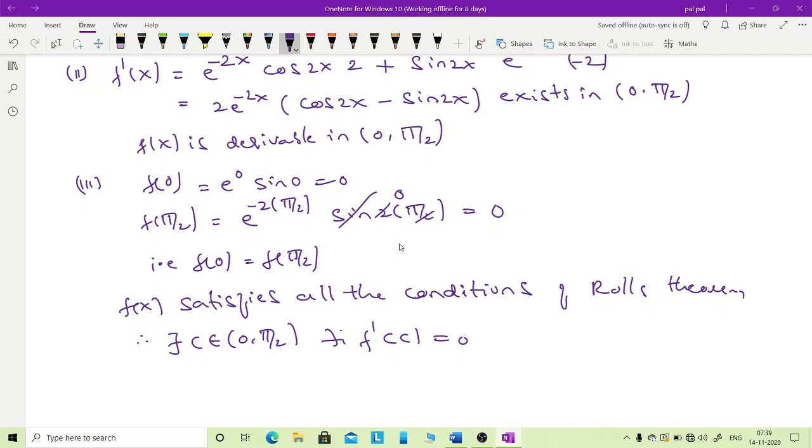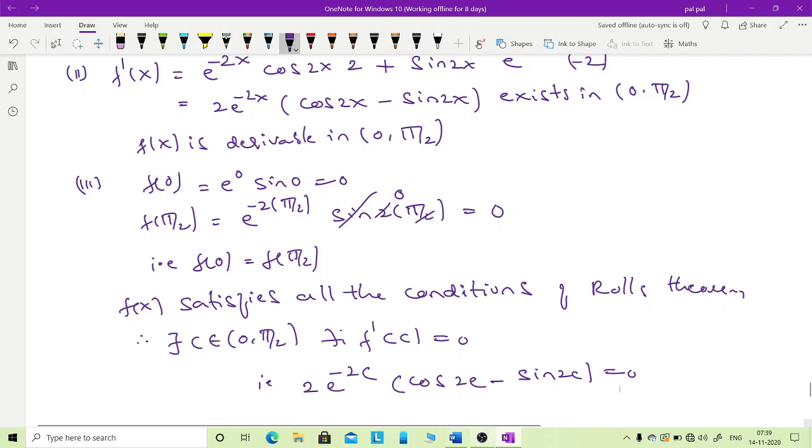F dash of c is 2 into e to the power of minus 2c into cos 2c minus sin 2c. This is equal to 0.